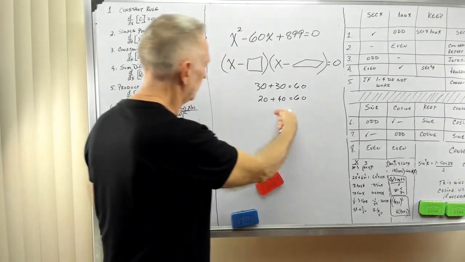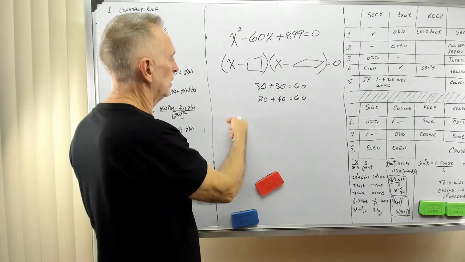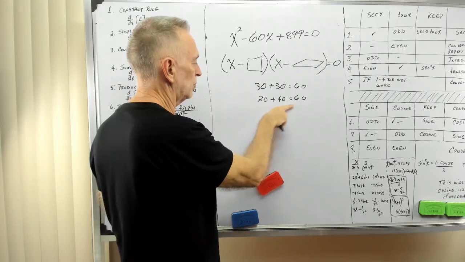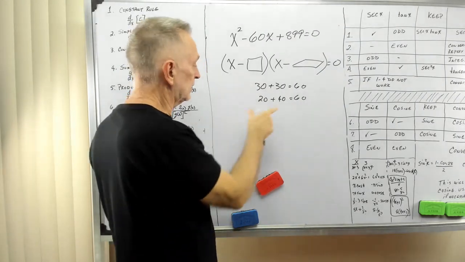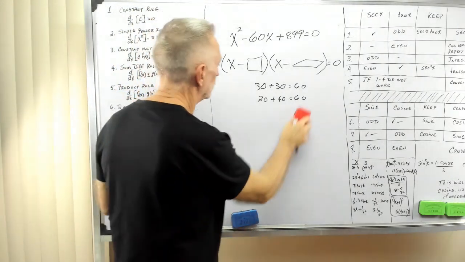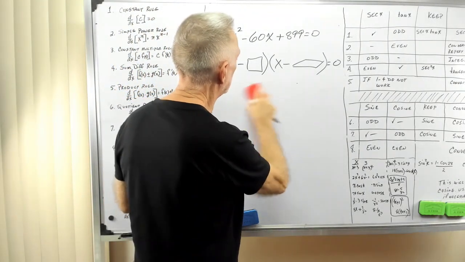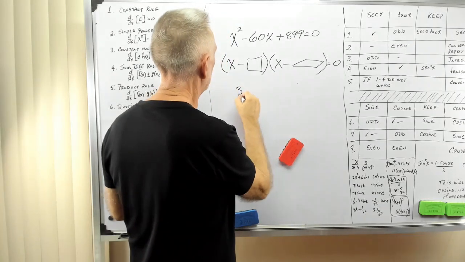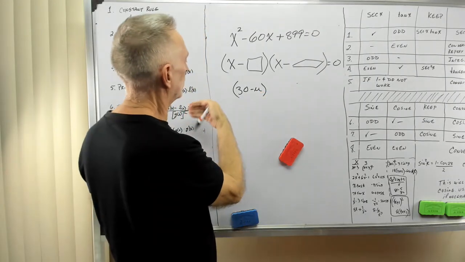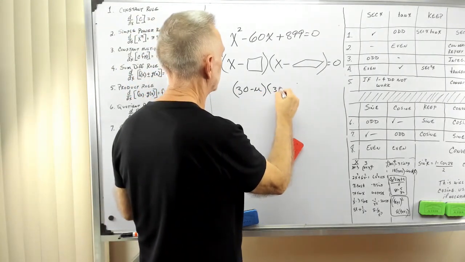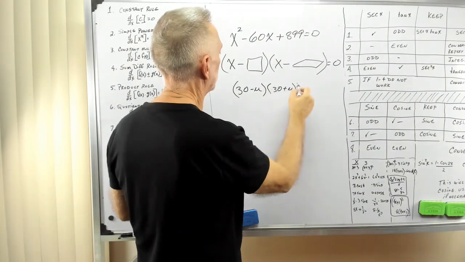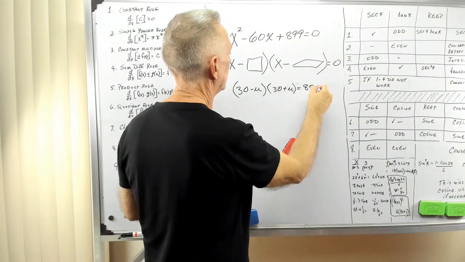So you can tell if I'm going one direction from 30, I want to go 10 that way. If I go 10 that way, I can still add those two numbers up to get 60. So since 30 is the middle, he used the example, why not say 30 minus u? So I'm going one direction. The other direction is 30 plus u. And those two numbers multiplied together to give me 899.